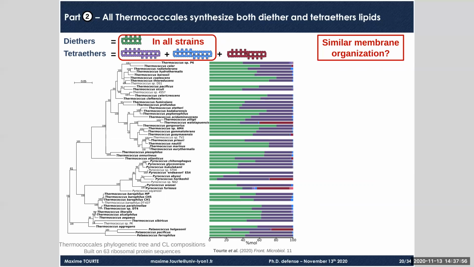And as the foundation of our model organization for the membrane of Thermococcus barophilus, this suggests that they could potentially organize their membrane in the same way. As all the Thermococcales possess these three types of lipids, this also suggests that it could be an ancestral feature that has been inherited from their common ancestor.